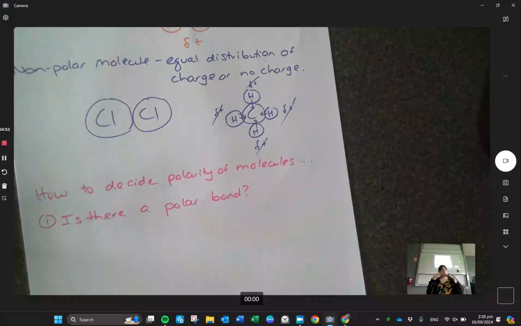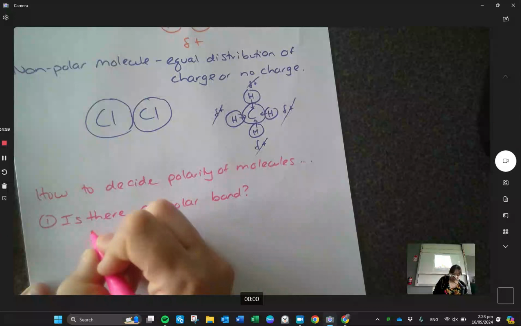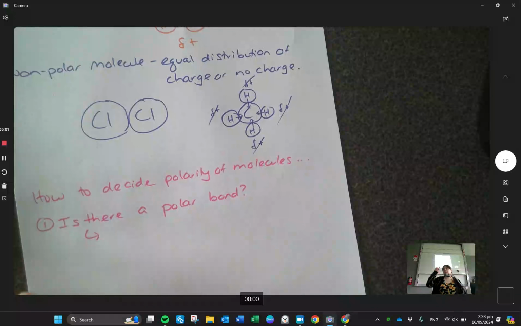The way that I'm kind of explaining it is how you would scaffold your answer on the exam. So the first thing is, is there a polar bond? The way we decide that is the electronegativity.